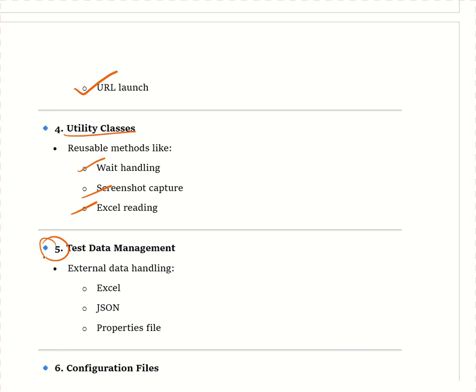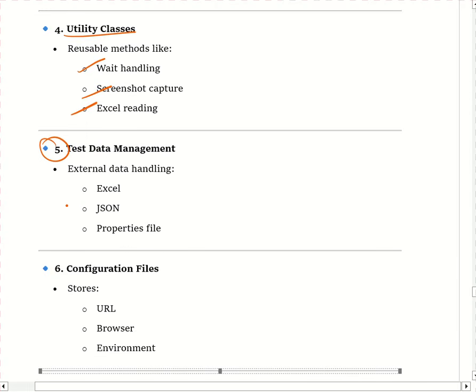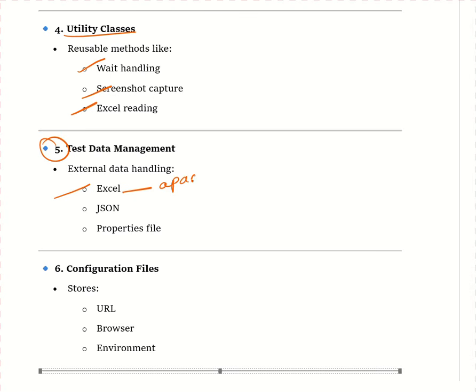Then the fifth component is test data management, and for test data management we use Excel with the Apache POI library, JSON files, and property files, also called config files. What is a property file?